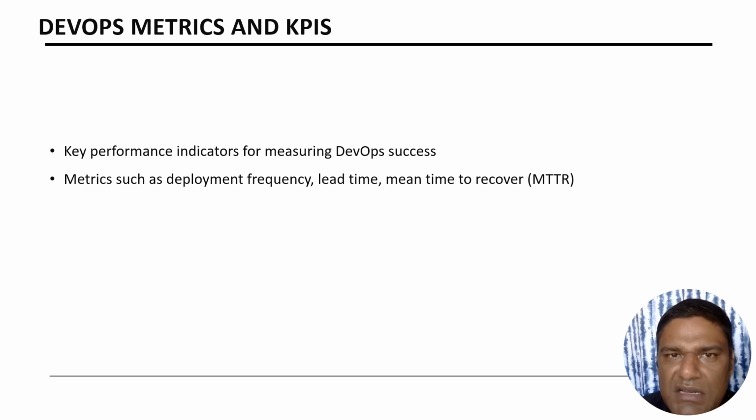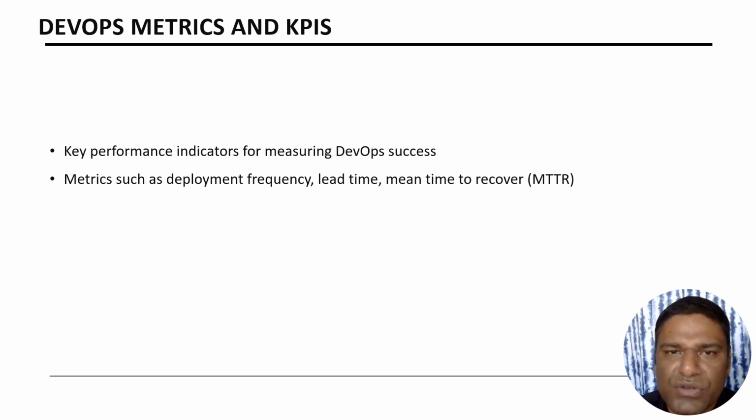So DevOps metrics and key performance indicators provide valuable insights into the effectiveness of DevOps practices and processes. Metrics such as deployment frequency, the lead time, mean time to recover, help teams to measure their ability to deliver value quickly, respond to incidents efficiently.